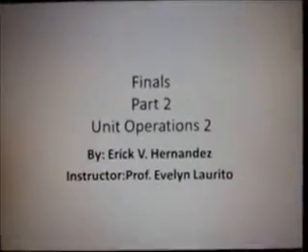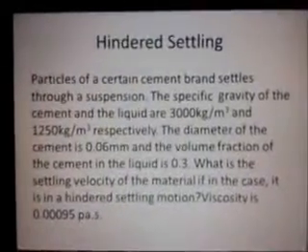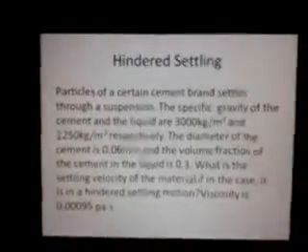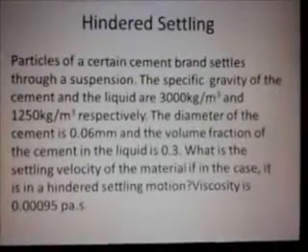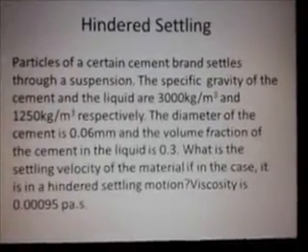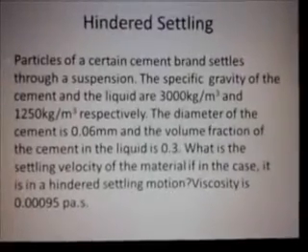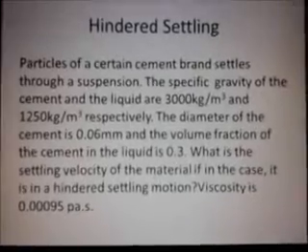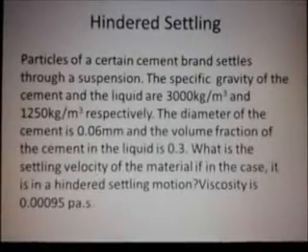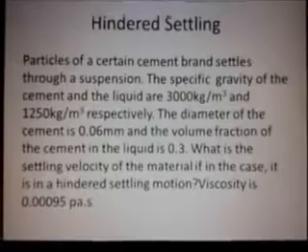Moving on to the problem. So I prepared a hindered settling problem. The problem reads: particles of a certain cement brand settle through a suspension. The densities of the cement and the liquid are 3,000 kg per meter cube and 1,250 kg per meter cube respectively.